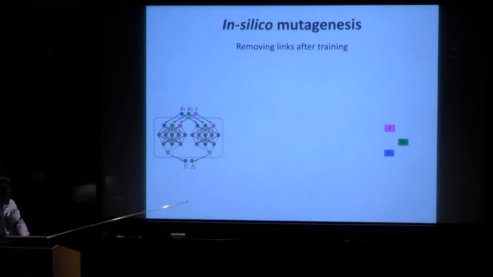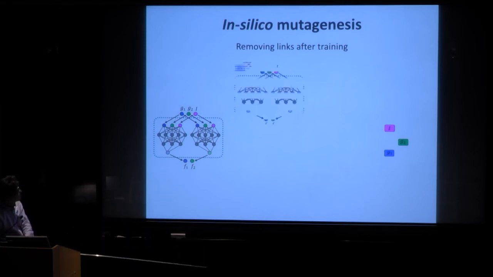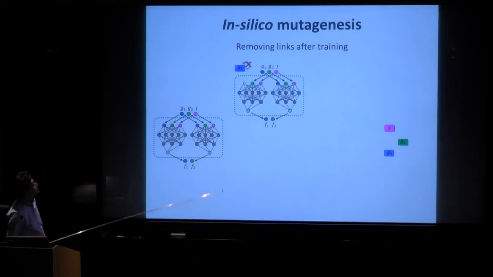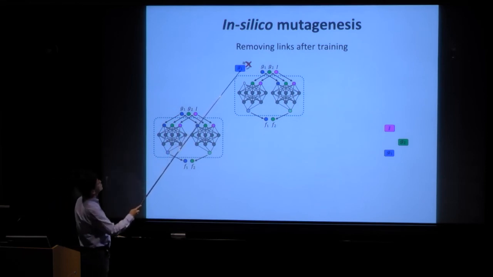After training, I can knock out any of the specific links. So I can knock out the regulation from gene 1 to itself, from blue to blue, and see the phenotype. And this is exactly how biologists are trying to figure out the network. So I knock out the G1 to itself. That's here.